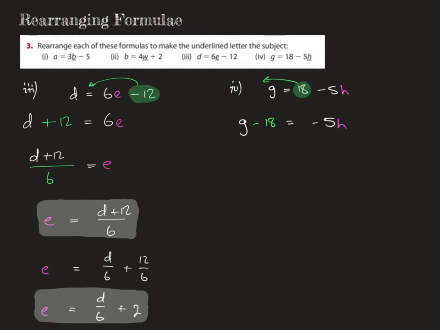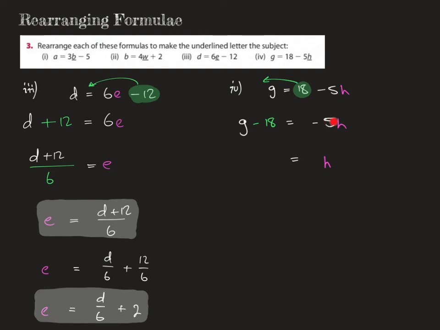Okay, so in order to get H by itself, which is the goal, we need to look at what we're doing with H, and at the minute what we're doing with H is we're timesing it by negative 5. That's no good to me. So I need to get rid of that negative 5. And how I do it, instead of timesing, I need to do the opposite operation, and the opposite to times is divide.